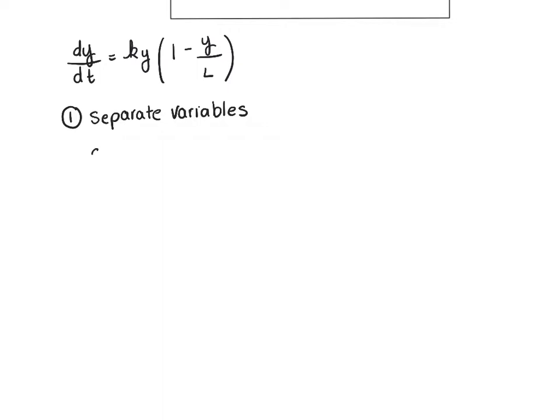So I'm going to have dy over this entire big honkin' thing equals k dt. And then the next step is going to be to integrate both sides.